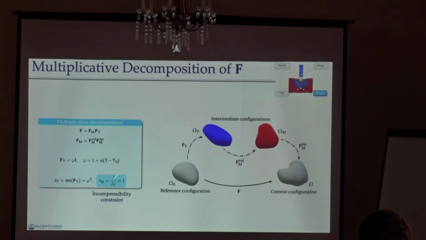But even though we have incompressibility, because it's a material full of water, so the incompressibility constraint is a very good approximation, the thermal part is going to induce residual volumetric deformations because of this map.